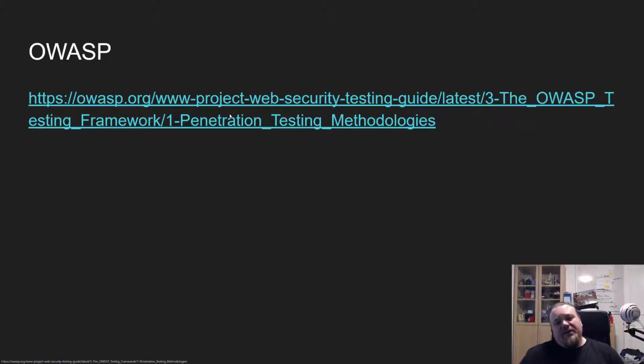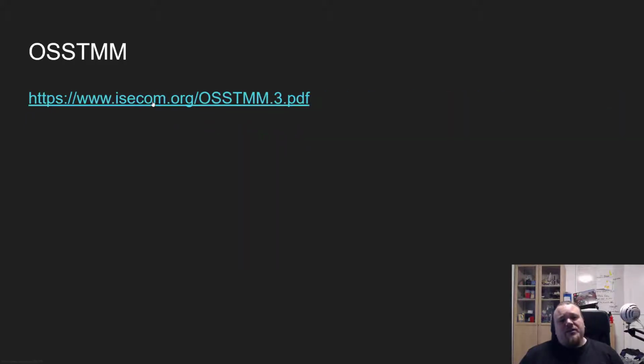But then one day they ask you to use something else from NIST or the PCI compliant testing methodology. Maybe they have their own. Basically, what this lesson is all about is to teach you that following a methodology just means that you are doing your job in a certain way, in a certain order, which is good. So let's look at just one of them.